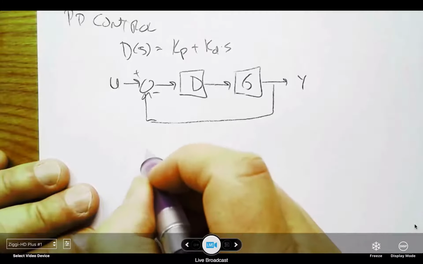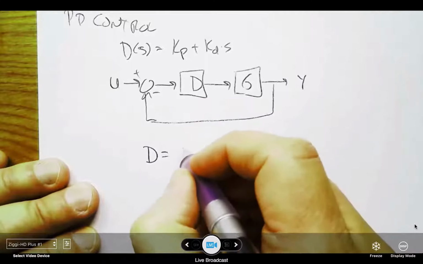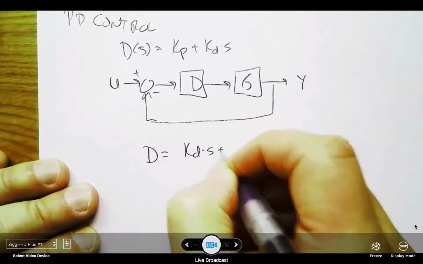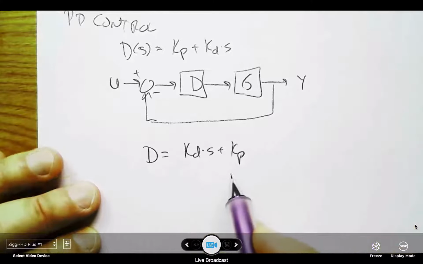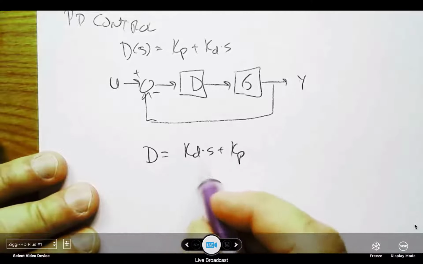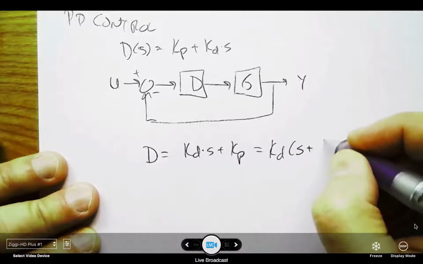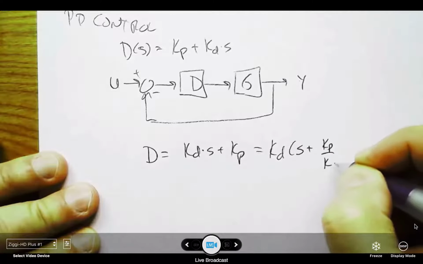And so the easiest thing to do there would be to first rewrite this: Kd S plus Kp. And then we want to pick a gain. It's generally slightly easier to use Kd. So if I factor out Kd, I could rewrite that as Kd times S plus Kp over Kd.